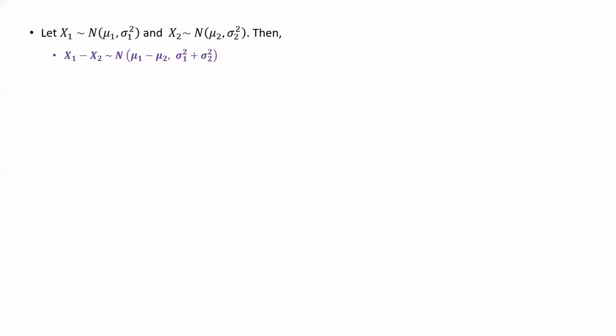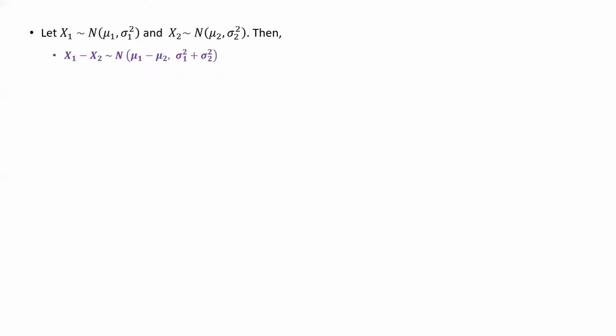Generate another 25,000 random numbers from a normal distribution, say with a mean of 70 and a standard deviation of 4, which means the variance is 16. Then subtract the second set of generated random numbers from the first set. Draw a histogram for the resulting data. You will see a symmetric bell curve. Calculate the mean and the variance for the generated data.